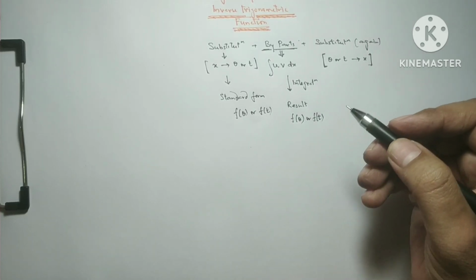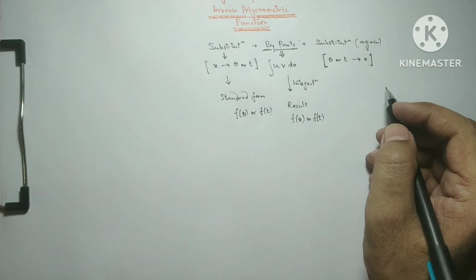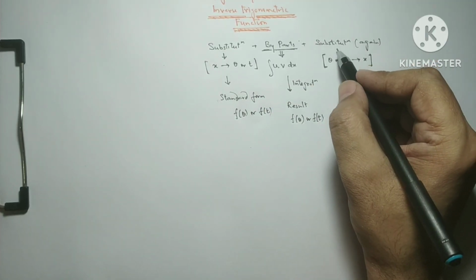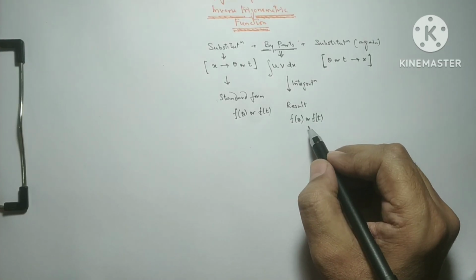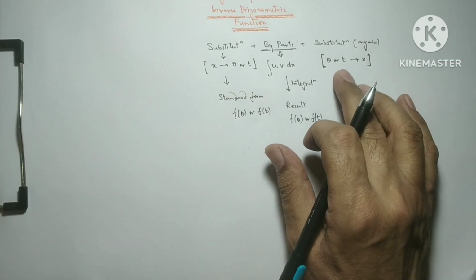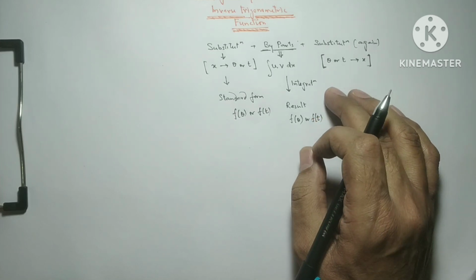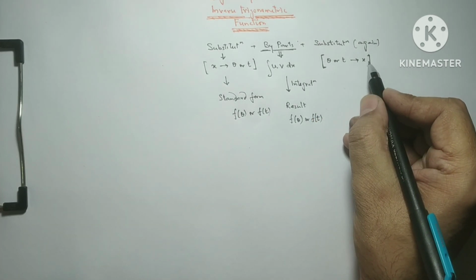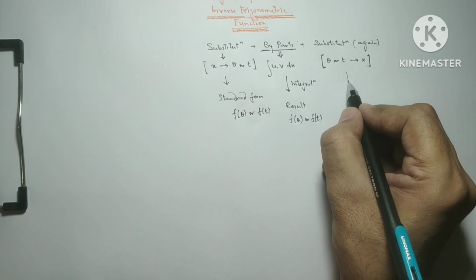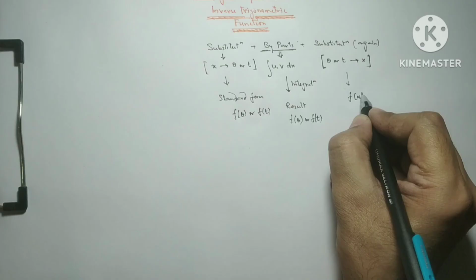But we want to collect the answer in terms of x again, so we use the method of substitution once again, and we substitute according to our assumption. We substitute the values of theta, like sine theta inverse, in terms of x again, then we get this result in terms of x.